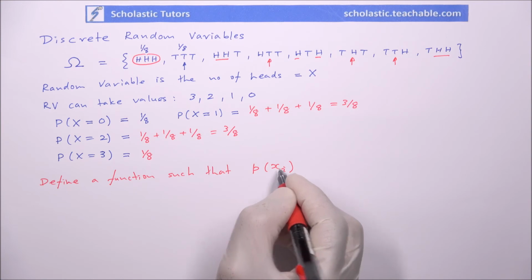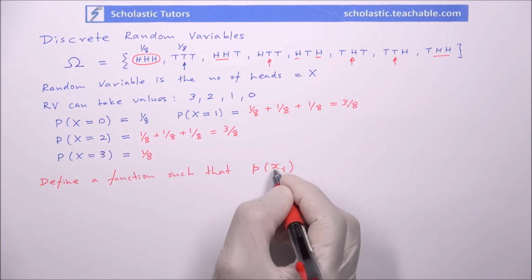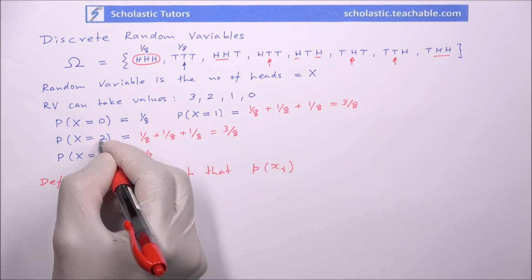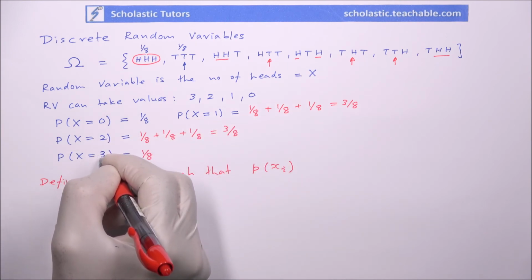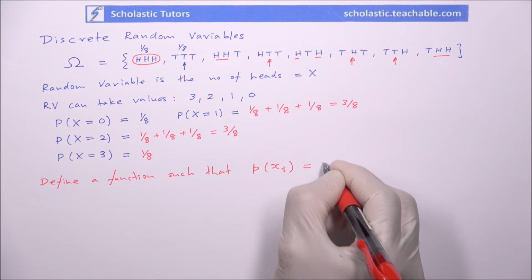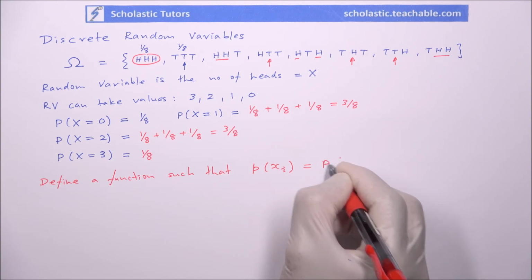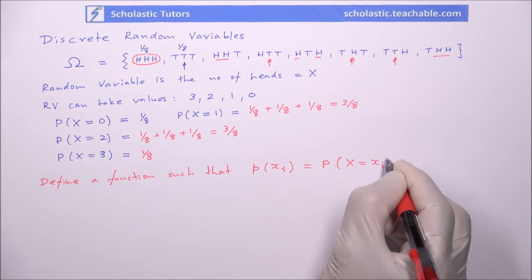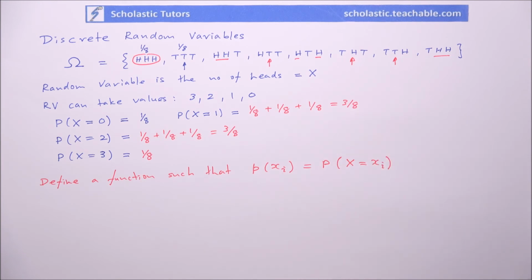The xi are the different possibilities: xi can be 0, xi can be 1, xi can be 2, xi can be 3, which is equal to the probability P of X equal to xi, little x suffix i.